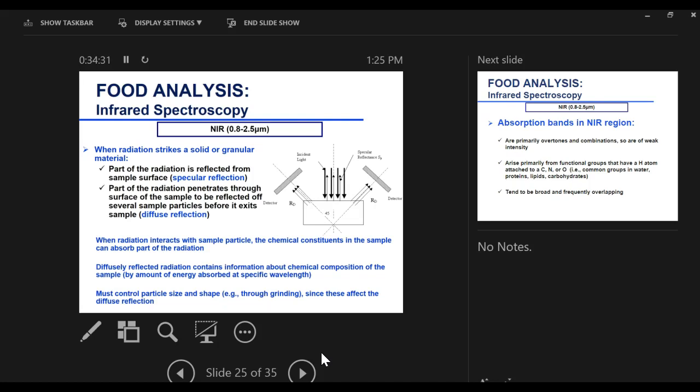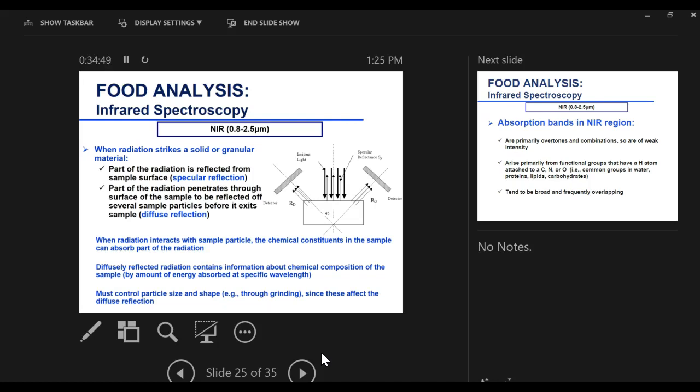And you position your detectors, you usually have multiple detectors to capture all of the reflected light. Usually they're projected at a 45 degree angle. The light that gets reflected carries the chemical signature of the constituents.